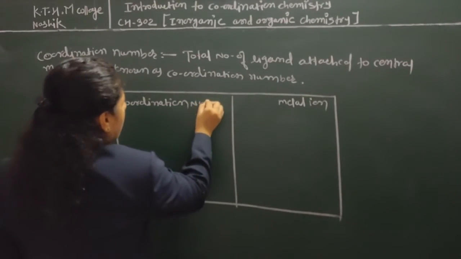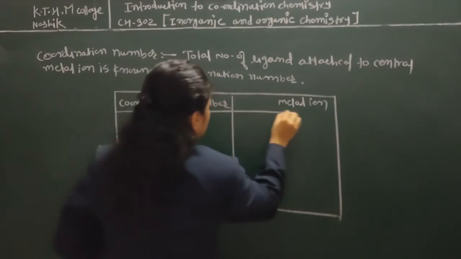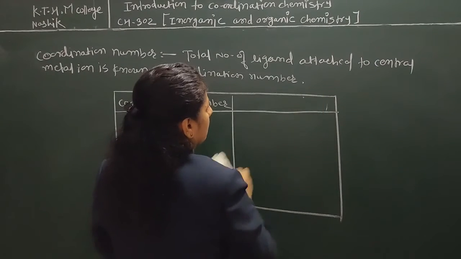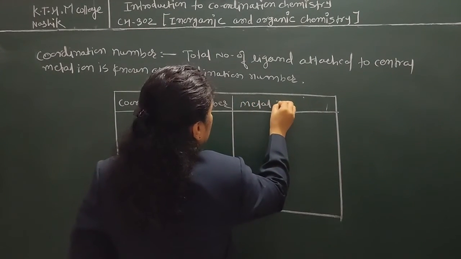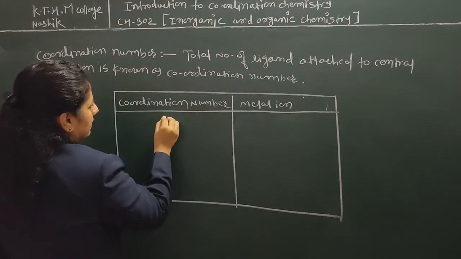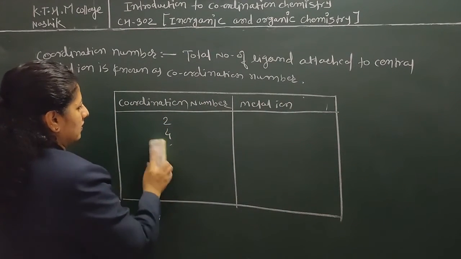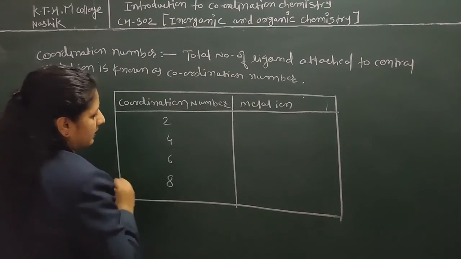So we know that there are coordination numbers 2, 4, 6 and 8.